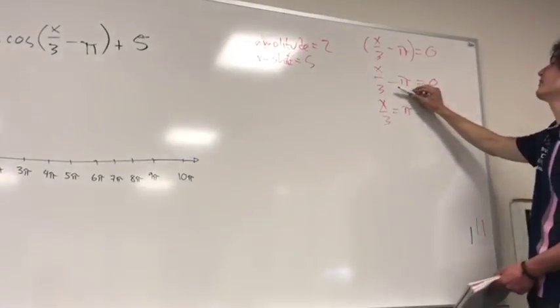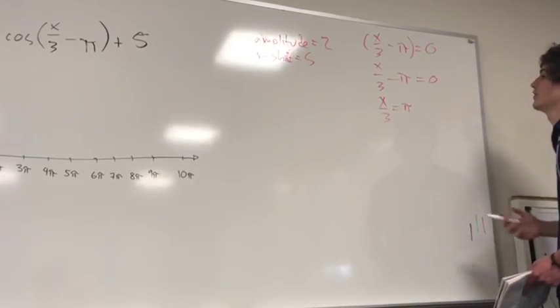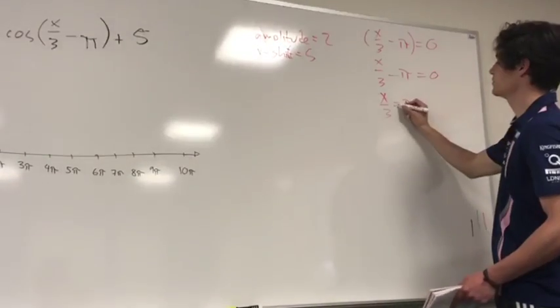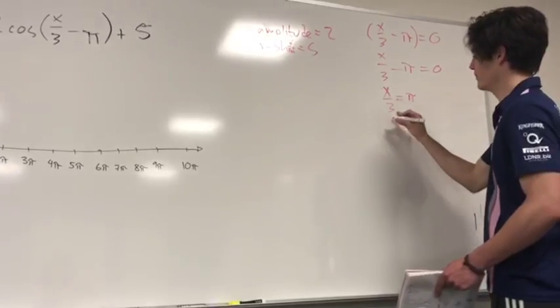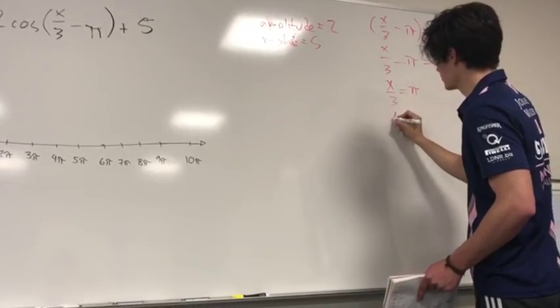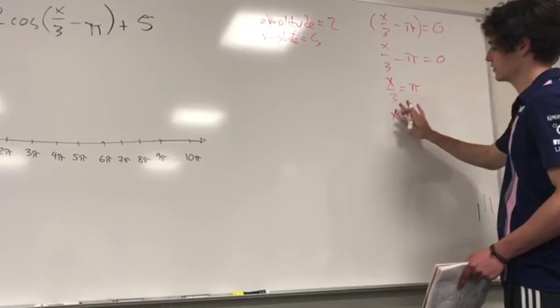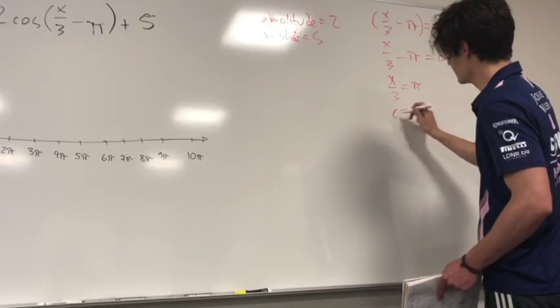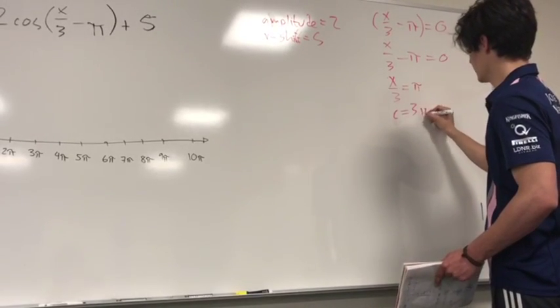So x over 3 equals pi, then because it's dividing, it goes multiplying, so C, because it's the horizontal shift, equals 3 pi.